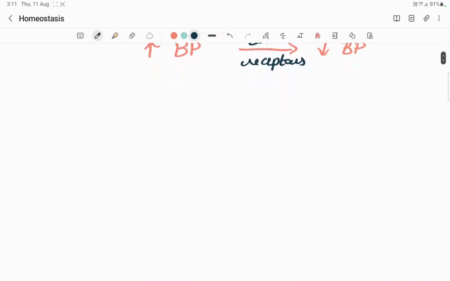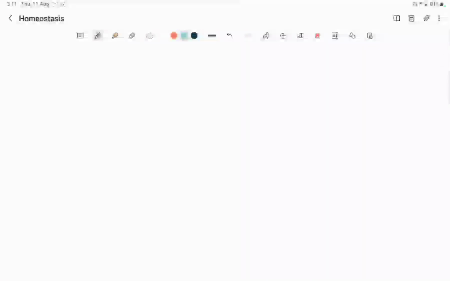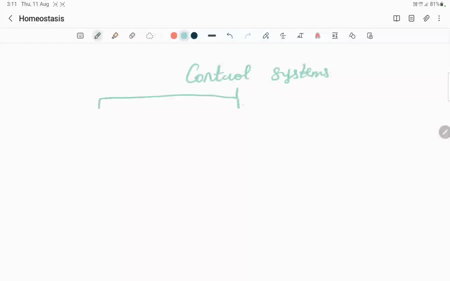In order to understand homeostasis better, we need to know about control systems. There are three types of control systems, and this is how homeostasis is achieved, by either one of the control systems. The first one is negative feedback.